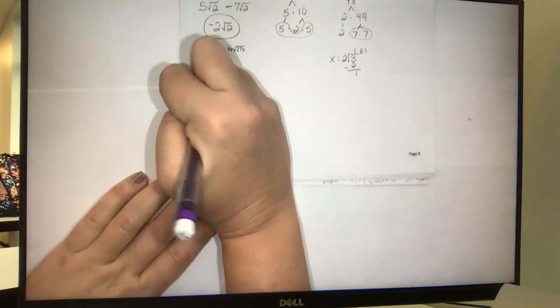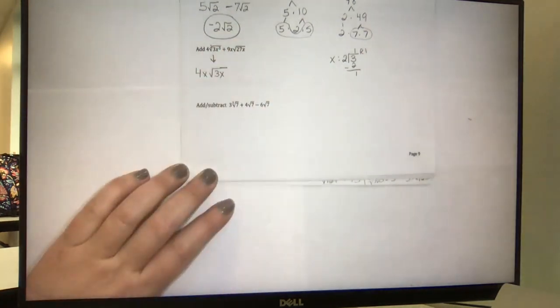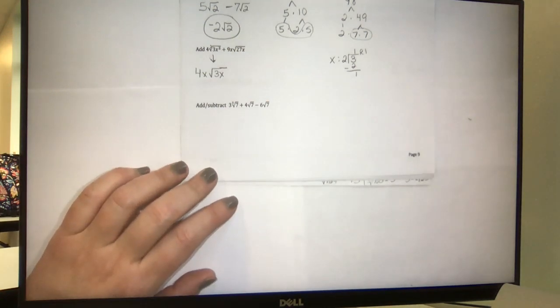So I'm going to have 1 x outside and 1 x underneath. That's what I reduced that one to. Does that make sense? Everybody see where the 4 came from? It was just hanging around up front.